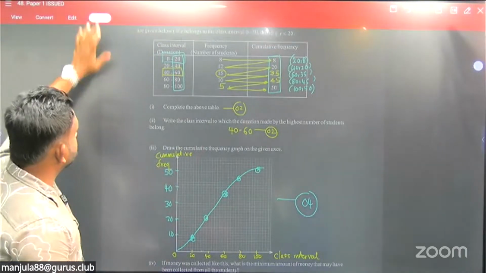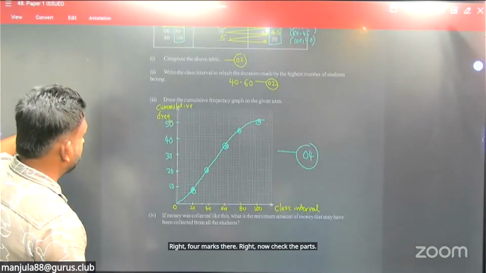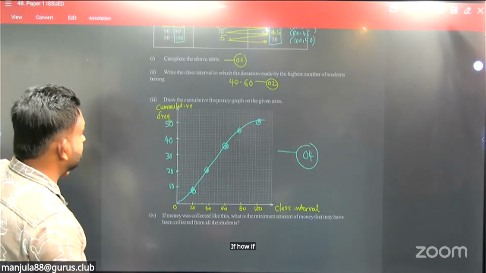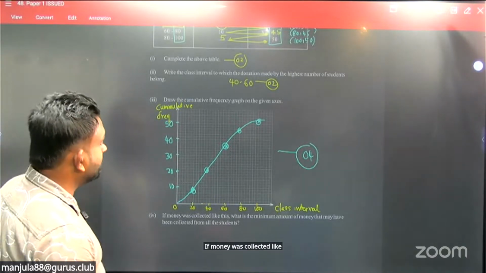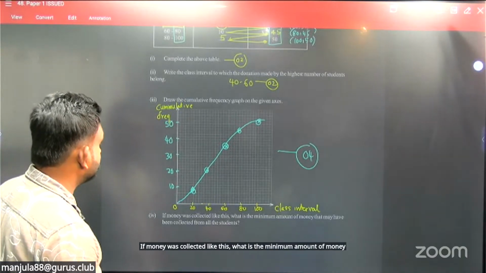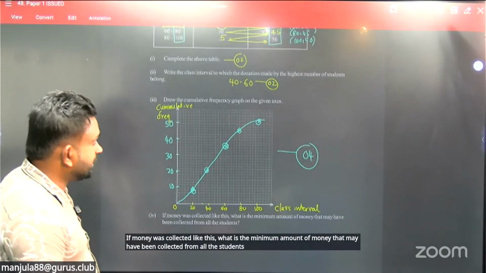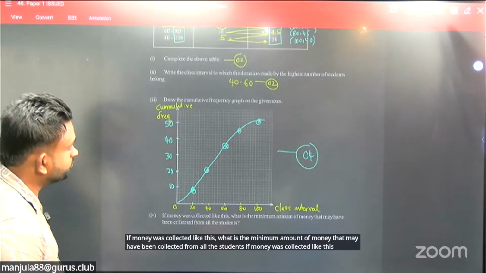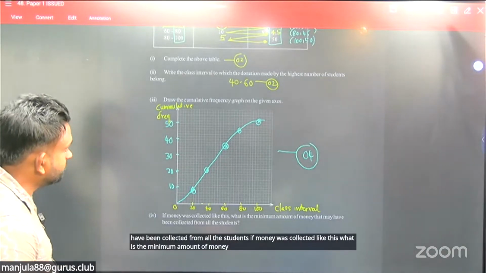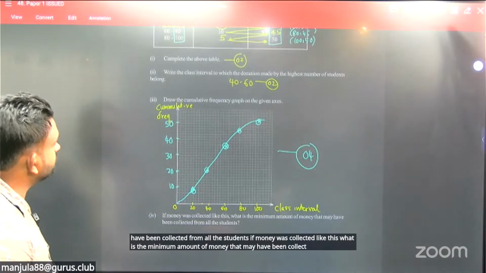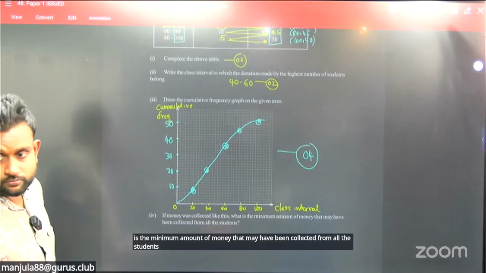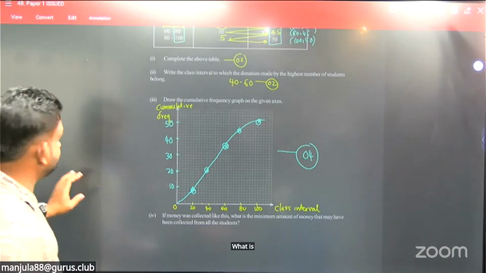Right, now check the next part. If money was collected like this, what is the minimum amount of money that may have been collected from all the students? What is your answer?